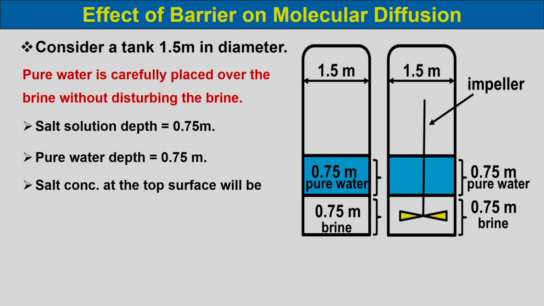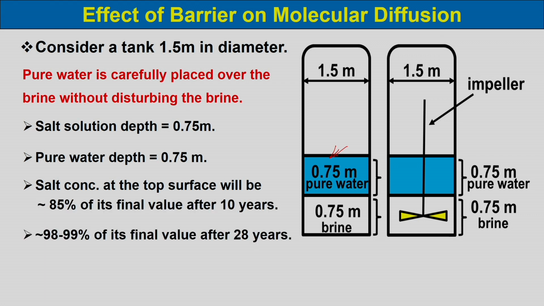If we keep it undisturbed for a longer period, we can calculate that the salt concentration at the top surface will reach about 85% of its final value after 10 years, and about 98 to 99% of its final value after 28 years. This signifies that the rate of diffusion is hindered by the effect of the barrier.